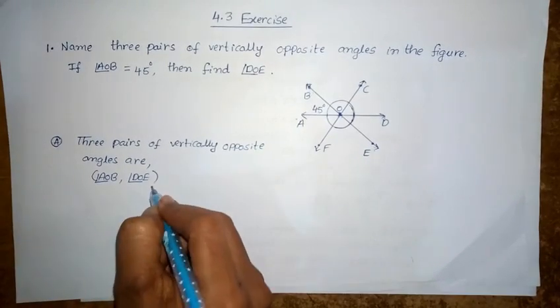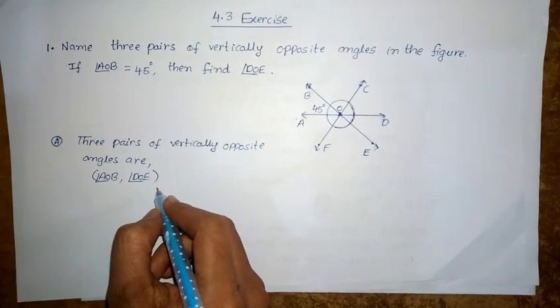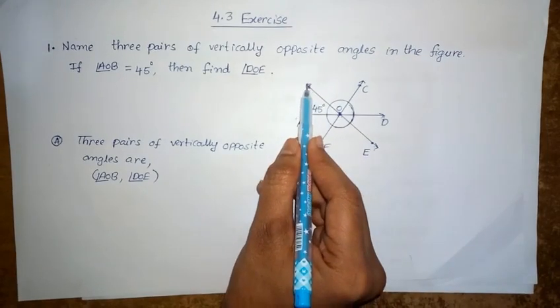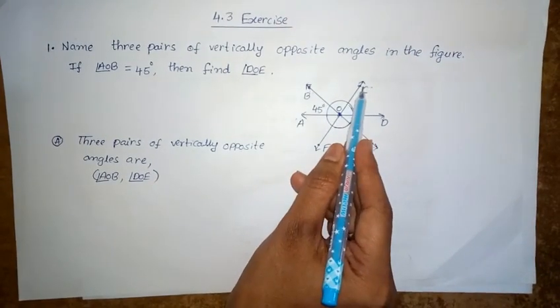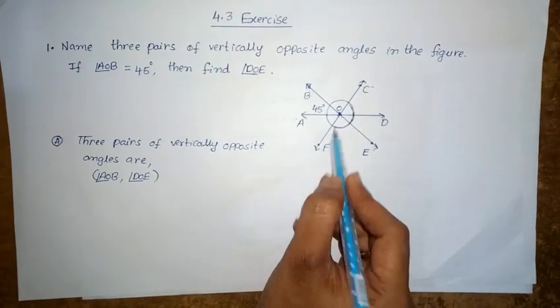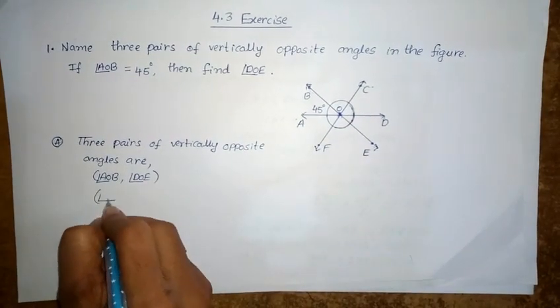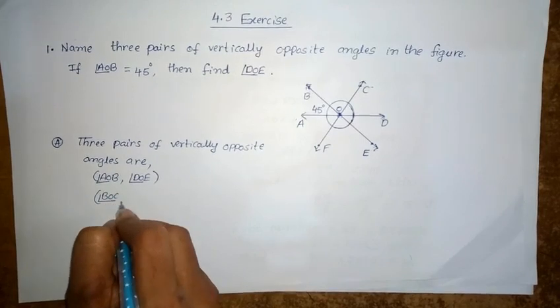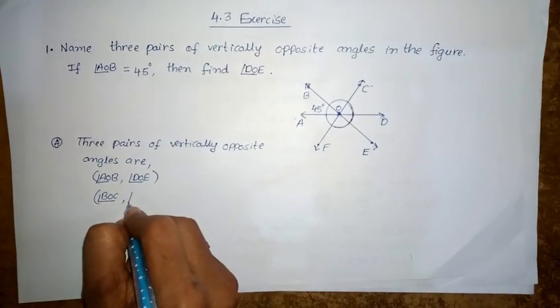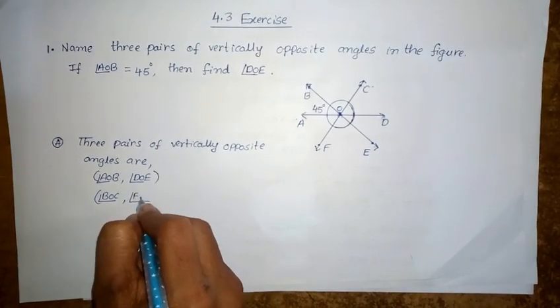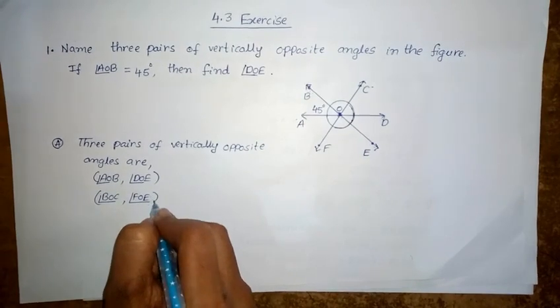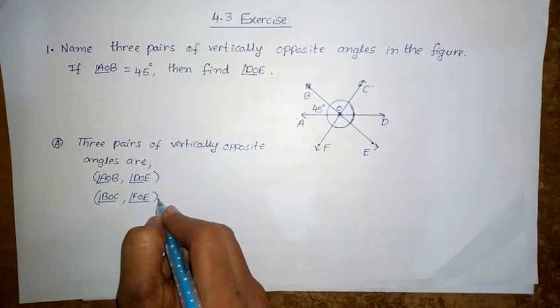These are vertically opposite angles. Next, the second pair: angle BOC, the vertically opposite angle is angle FOE. These two are another pair.